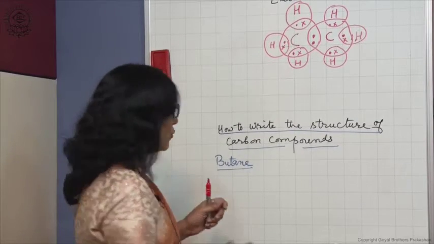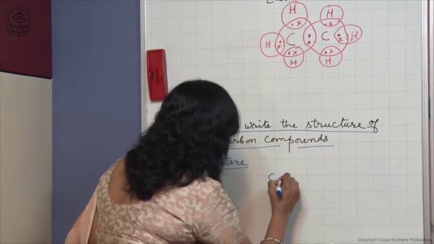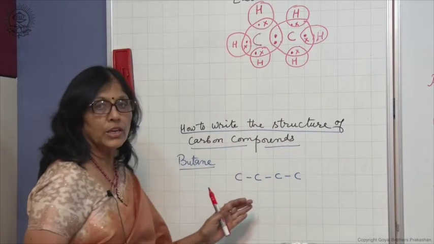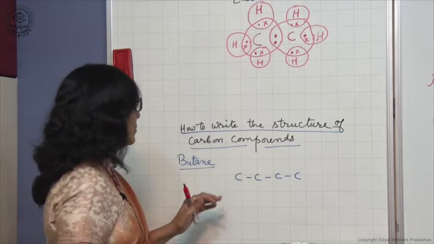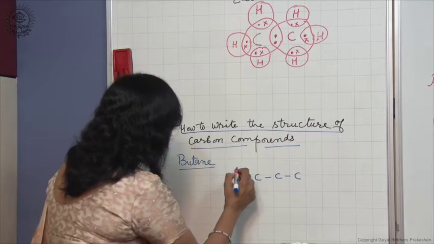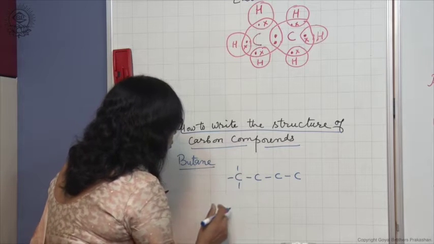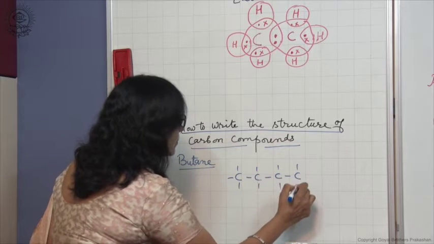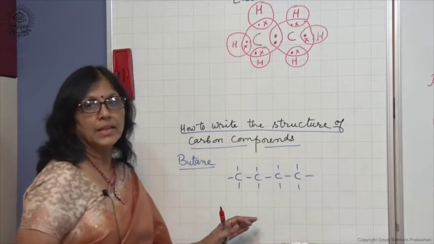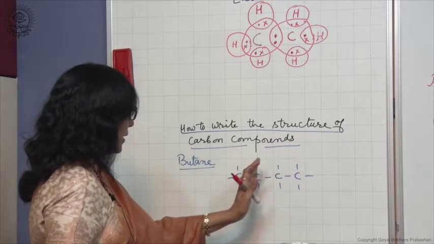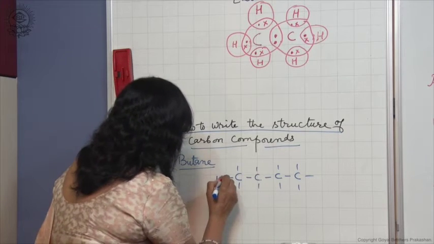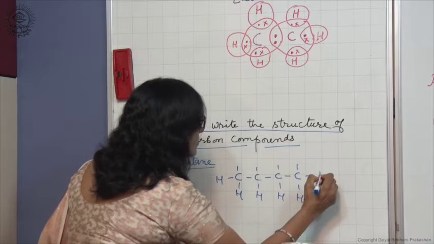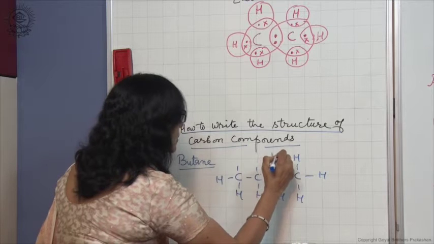So, first of all you will make 4 carbon atoms by a single line showing a single covalent bond, and then draw lines to show the 4 valencies of each carbon atom, and then satisfy all the valencies with hydrogen.